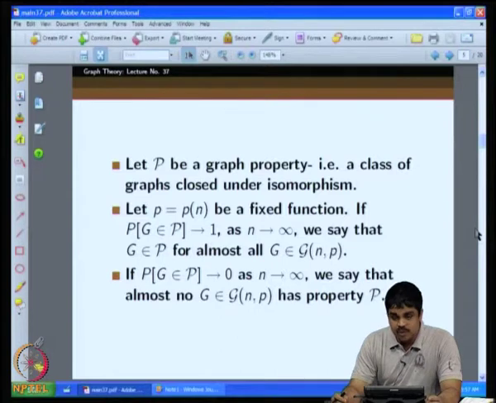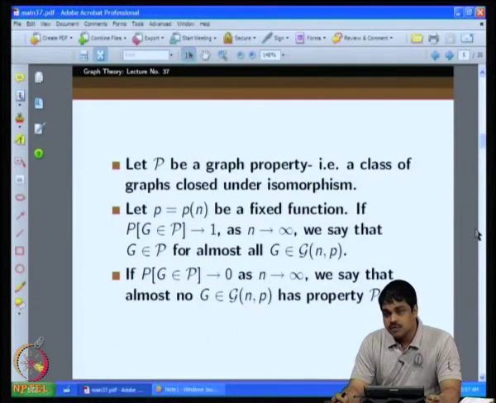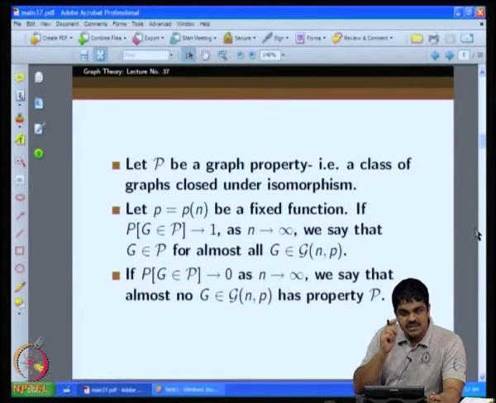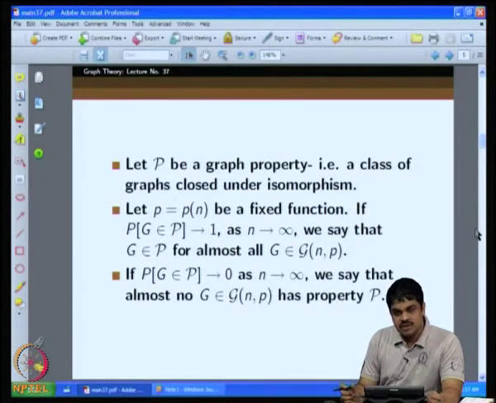The first problem was about getting a lower bound for the Ramsey number. It was a very straight application. We just wanted two properties: one was to avoid large independent sets, and the other was to avoid large cliques. So, we found the bad events, namely there exists a large independent set, and the other bad event, namely there exists a large clique.